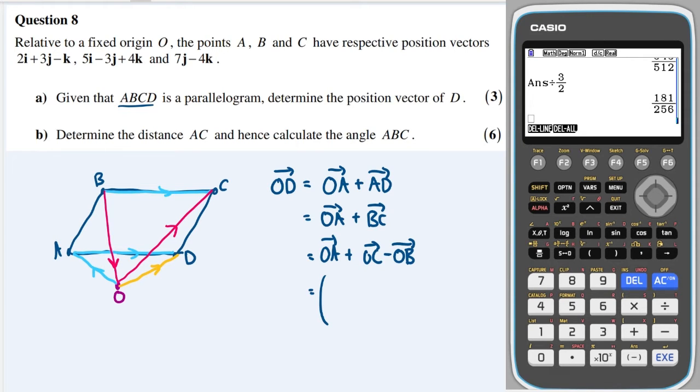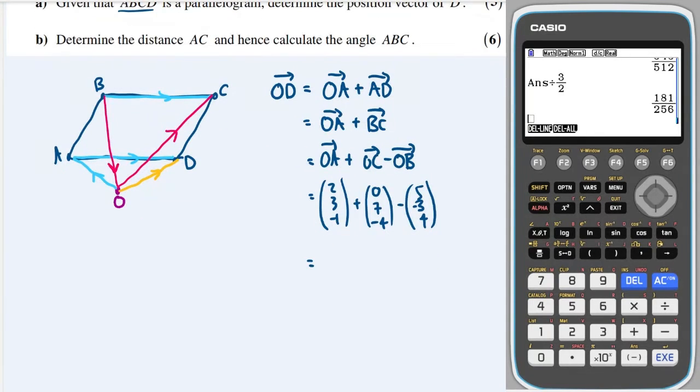So first off we have OA, which is 2, 3 and minus 1. We have OC, which is, careful, there's no i, so the zero's at the top, 0, 7, minus 4. And then minus OB, which is 5, minus 3 and 4. So top line we've got 2 minus 5, which is minus 3. Then we've got 10 plus 3, which is 13. And then we have minus 9 on the bottom.